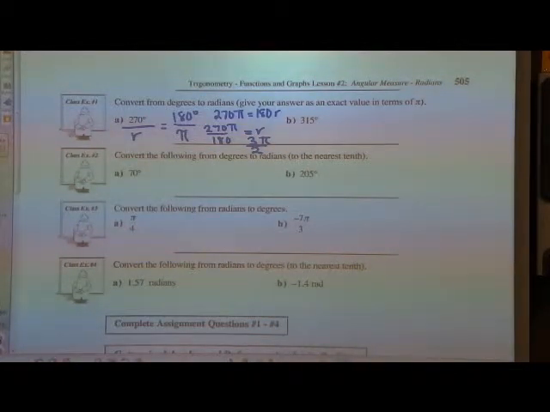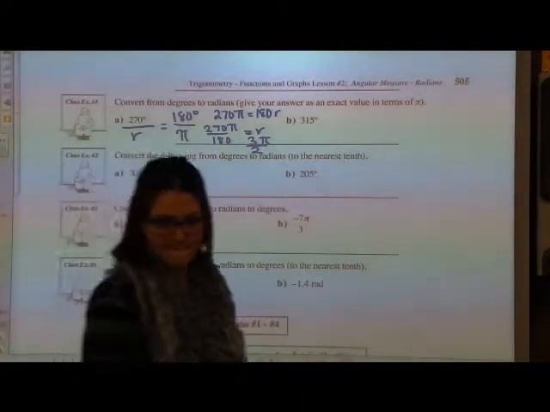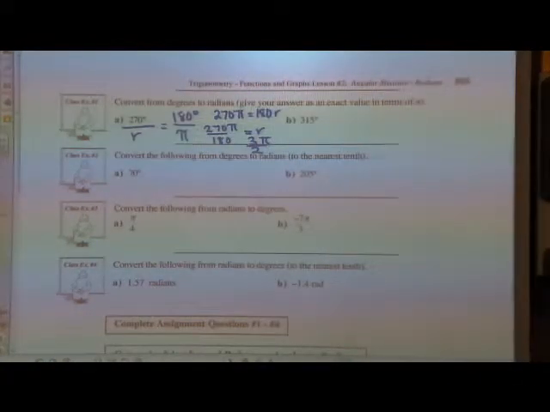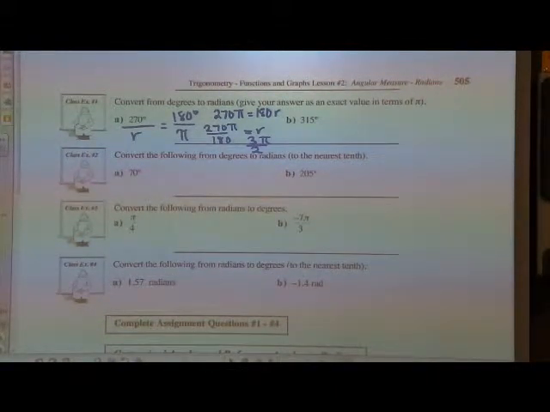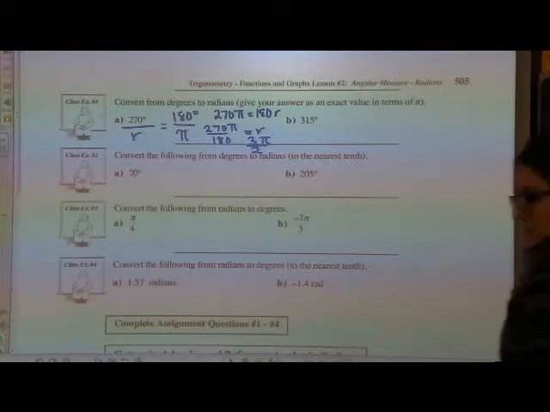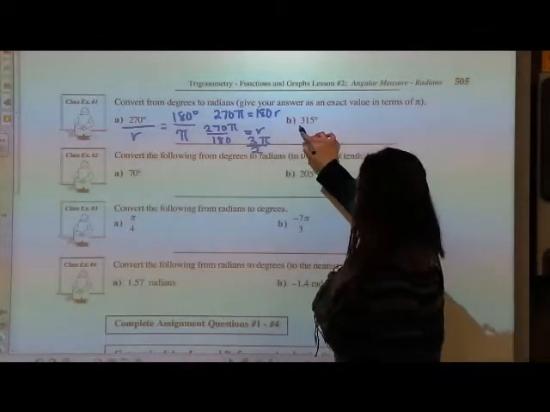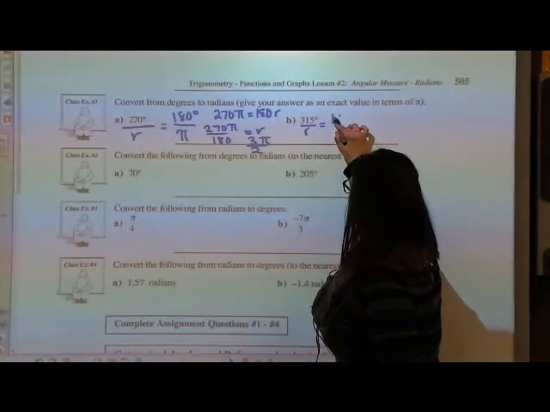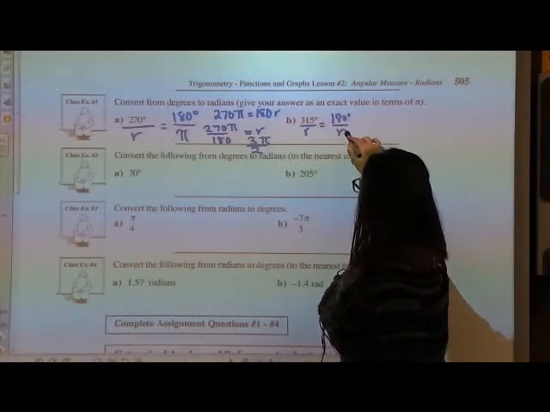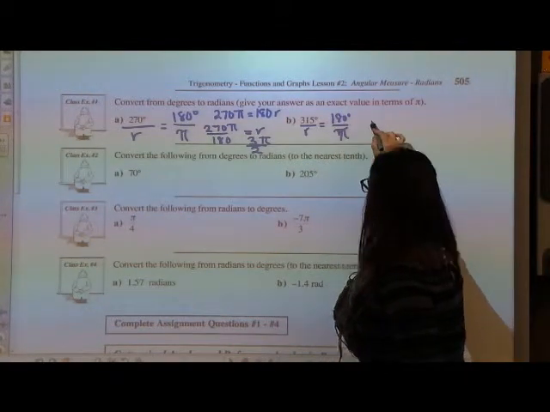So if I do the same thing, or I will let you actually do the same thing for 315 degrees and see what you get. Okay, so if I take my 315, I put it over r, and I have 180 degrees over pi.